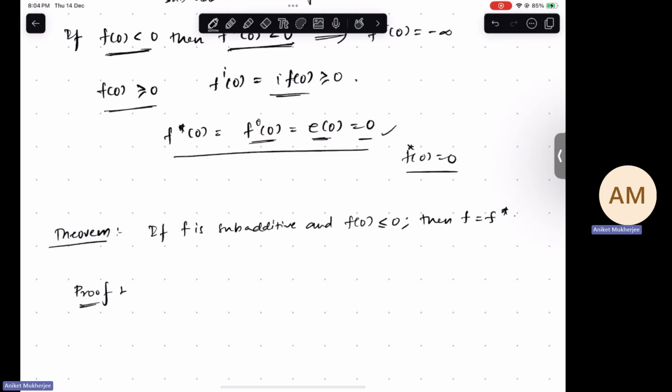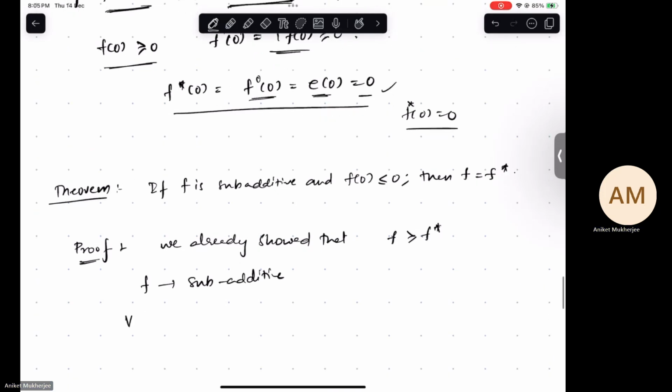Okay, so proof. We already showed that f is greater than or equal to f star in the previous theorem, right? And now we have the condition that f is subadditive. So what does this mean?